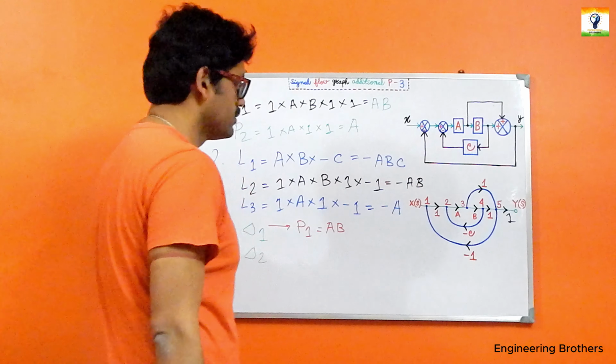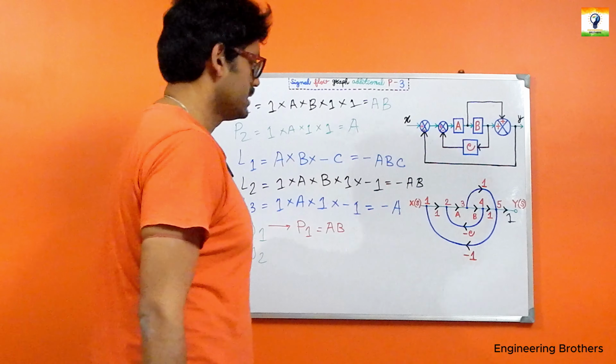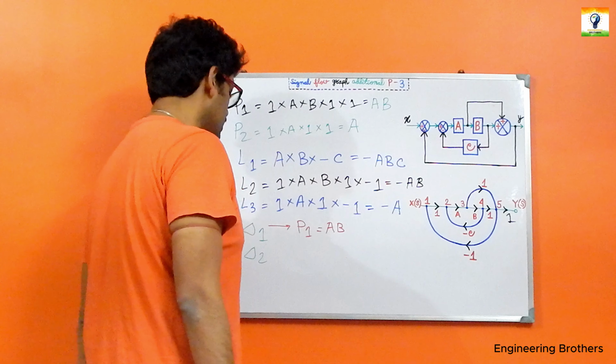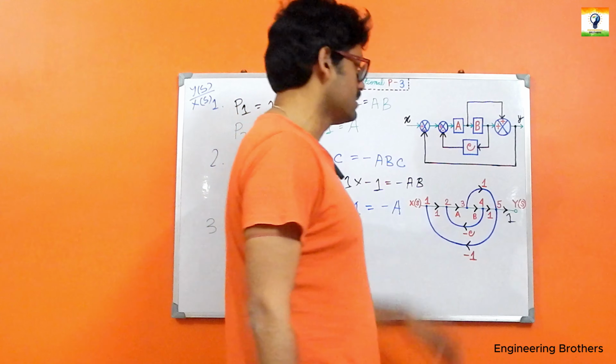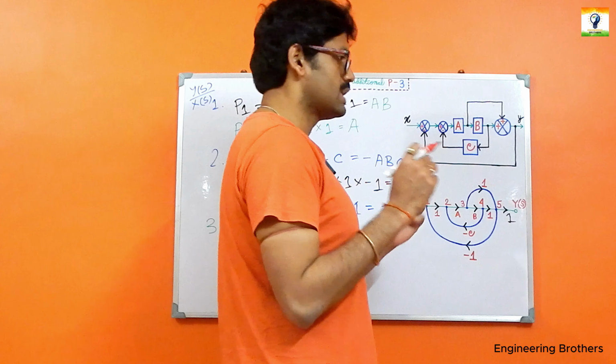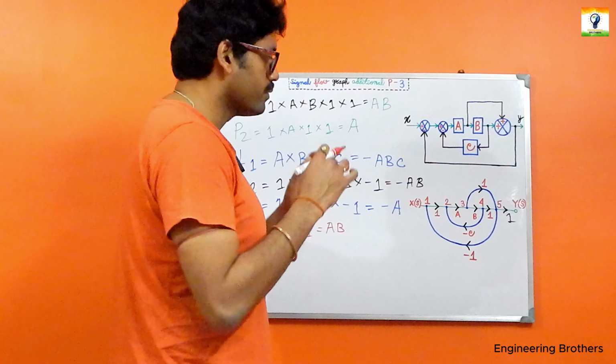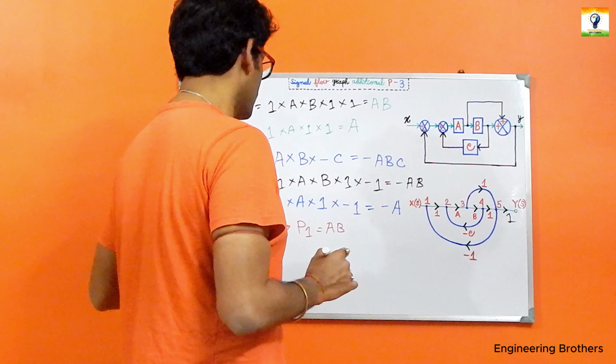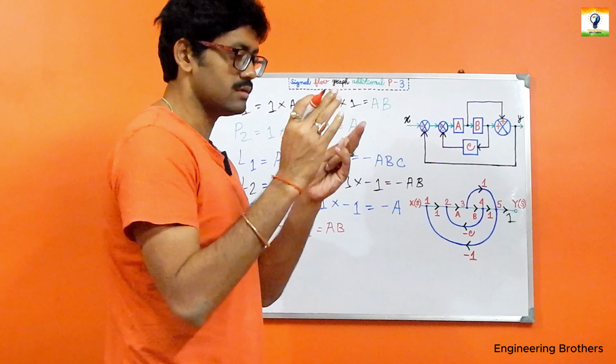Now, quite naturally, what is the expression for our delta 1? If the forward path is not touching any loops, then the expression for delta 1 will be 1 minus the non-touching loop.